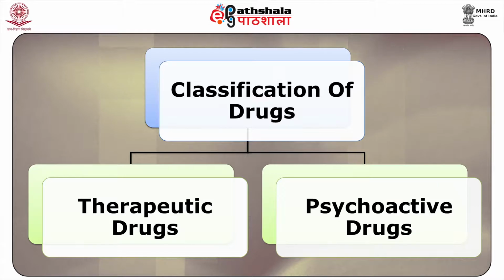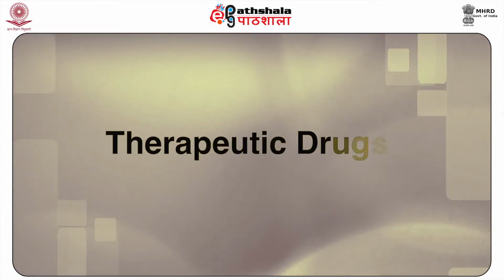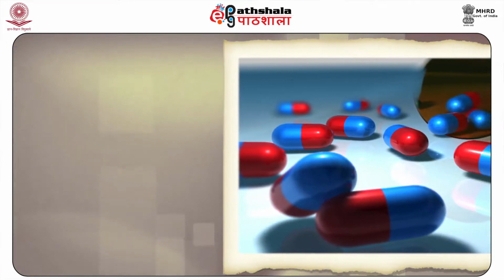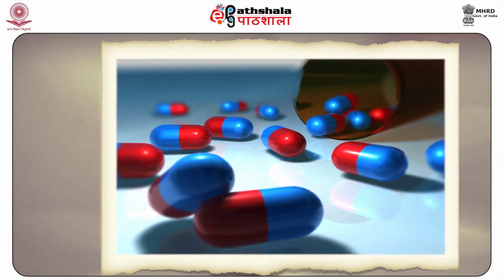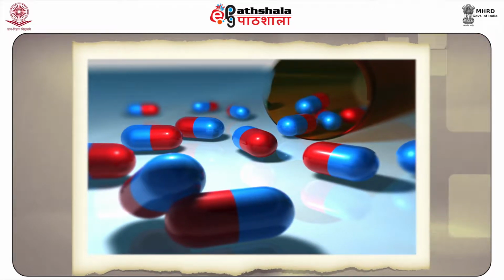Psychoactive drugs are treated as a distinct class. Moving on to therapeutic drugs. A therapeutic drug is a substance that has healing or preventive properties in relation to certain diseases, or is administered to enable a medical diagnosis.